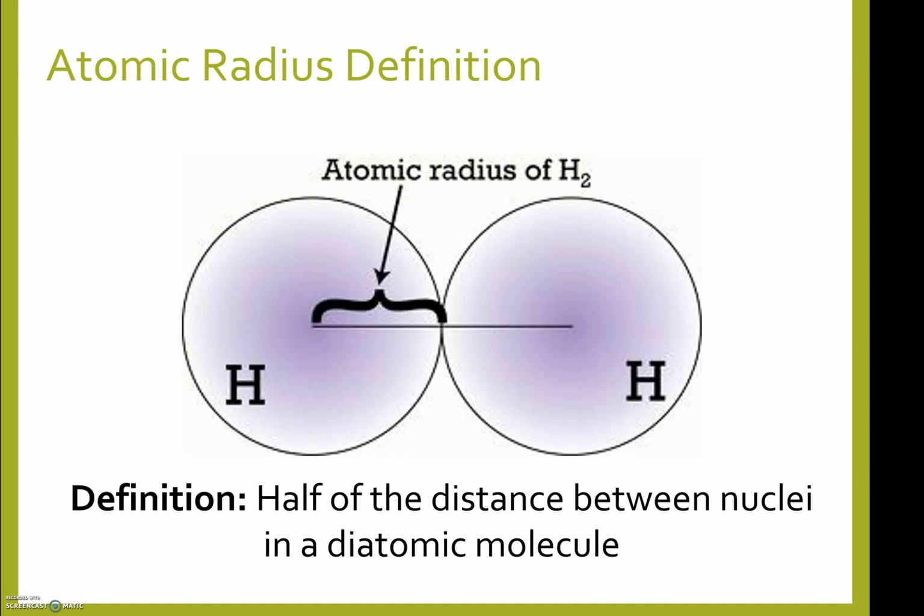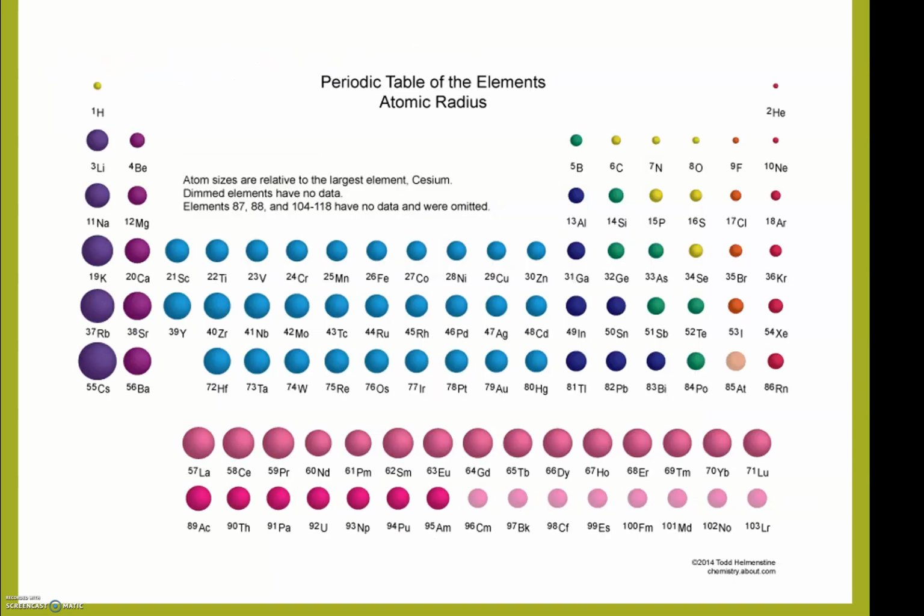Using a little logic, if you can measure from nucleus to nucleus, that would be double the radius. So by definition, the atomic radius is half the distance between two nuclei that are side by side. And that's literally how it's measured.